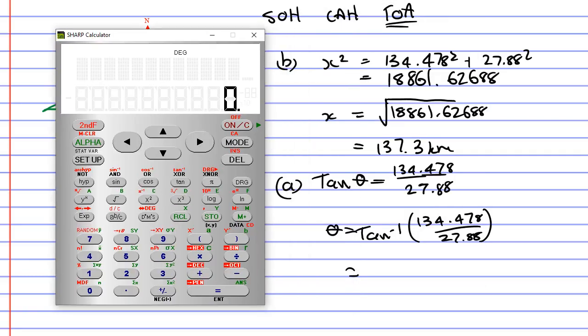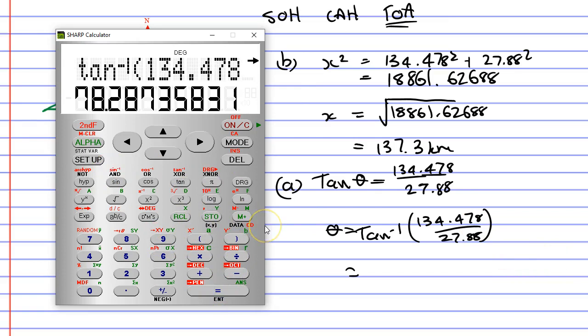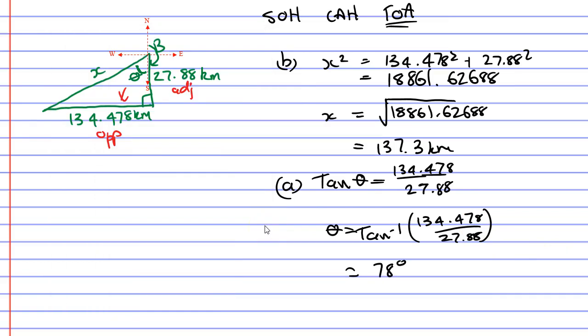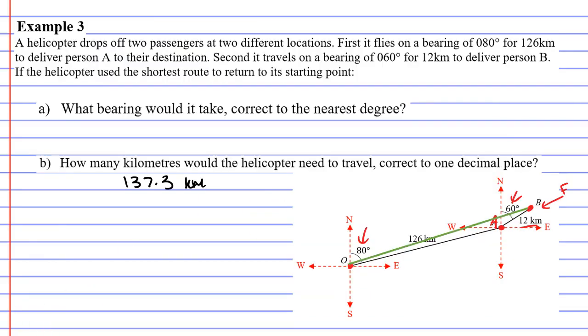So bringing up our calculator, we're going to go second function tan bracket 134.478 divide 27.88, and then close our brackets, equals, to the nearest degree, that's 78 degrees. And to find our bearing, all we need to do is add on the 180 to this, giving us 258 degrees as our bearing. And we'll put that up here, and that will conclude a very long example, example 3.